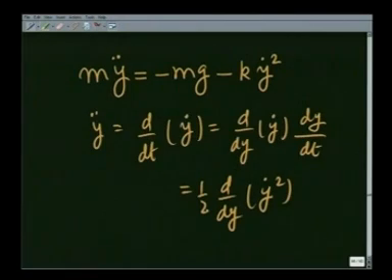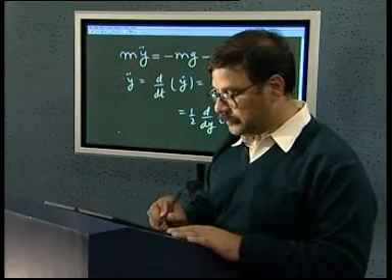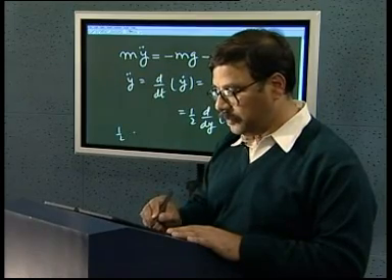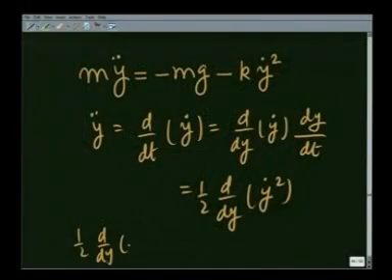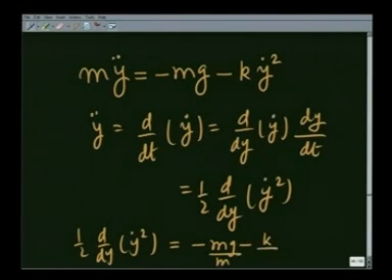And therefore, I can write my equation as 1/2 d over dy y dot square is equal to minus mg over m minus k over m y dot square.